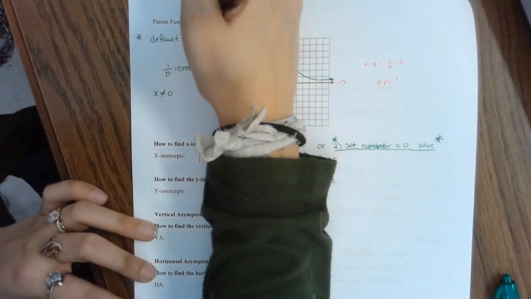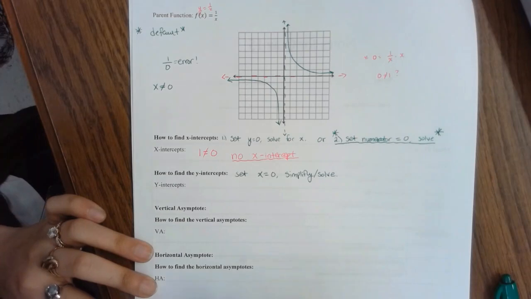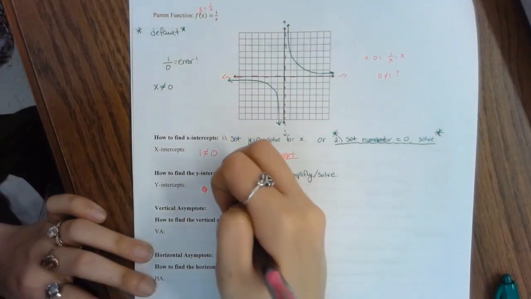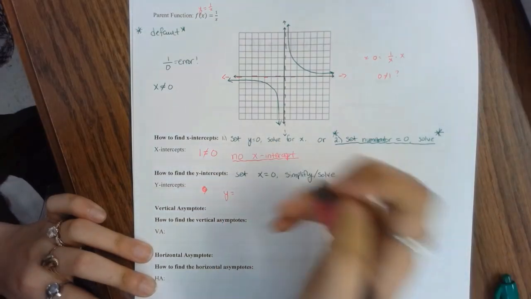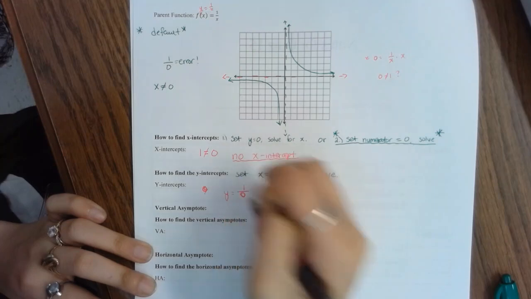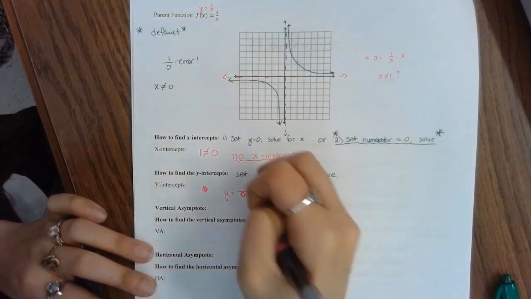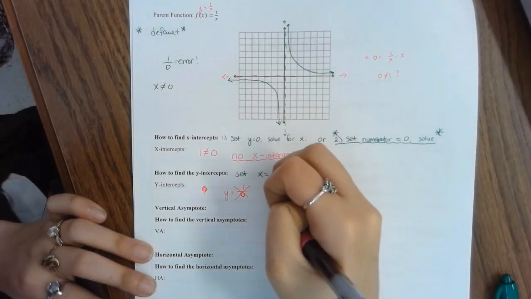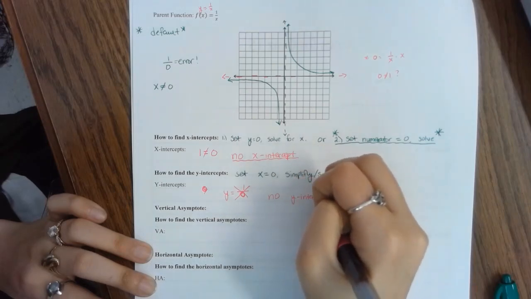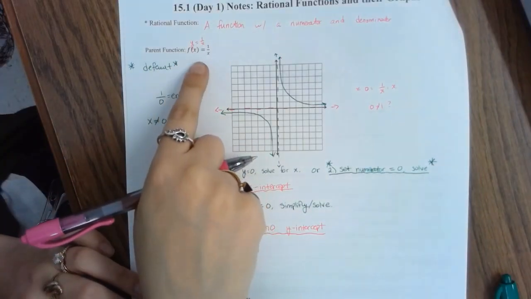So I have y equals, and I'm going to put 0 in for x. But if we put that in our calculator, we notice we can't have that. It's impossible. So we have no y-intercept for the parent function. Sometimes we can have one, but if we look at our picture, that matches, there's no y-intercept.